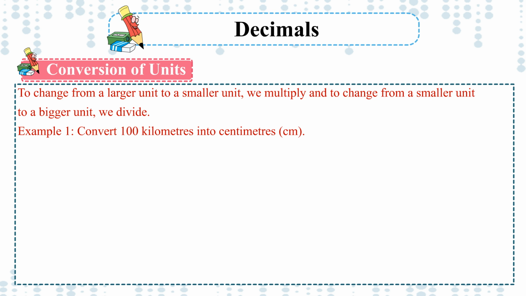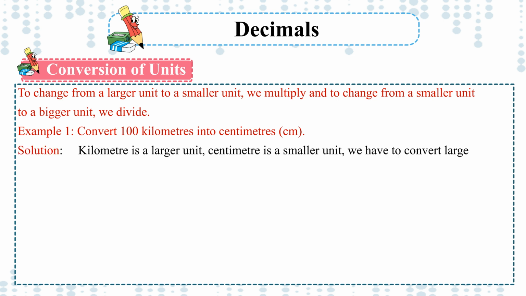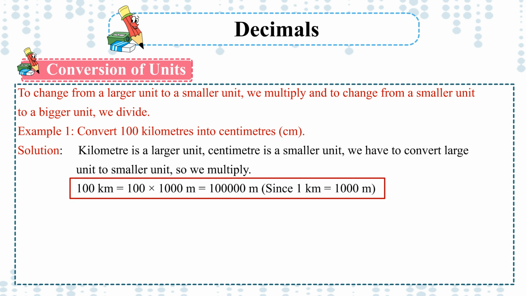Example 1. Convert 100 kilometers into centimeters, cm. Solution. Kilometer is a larger unit, centimeter is a smaller unit. We have to convert large unit to smaller unit, so we multiply. 100 kilometers is equal to 100 multiply 1000 meters equals 1 lakh meters.